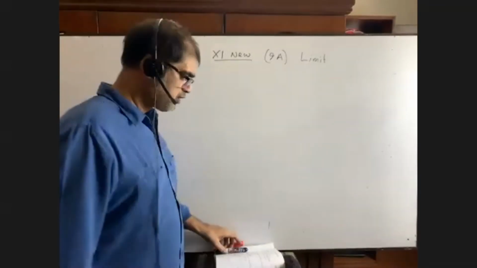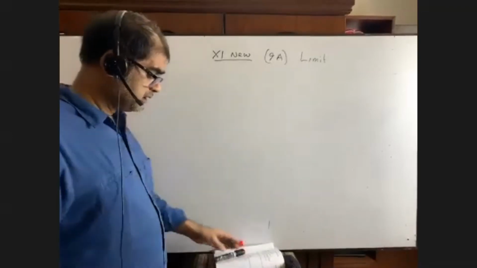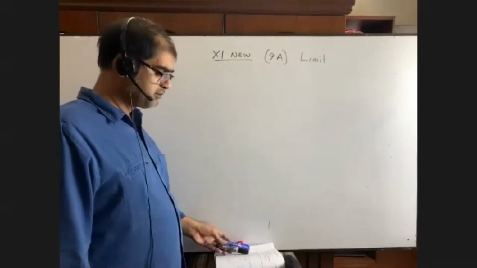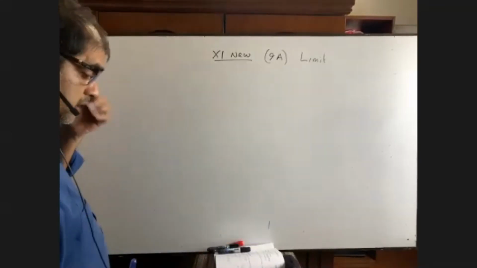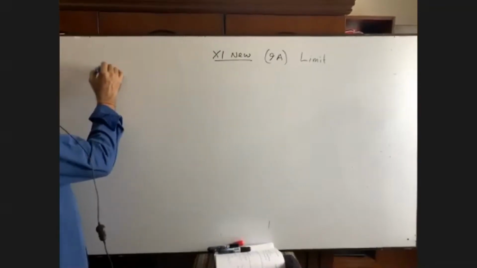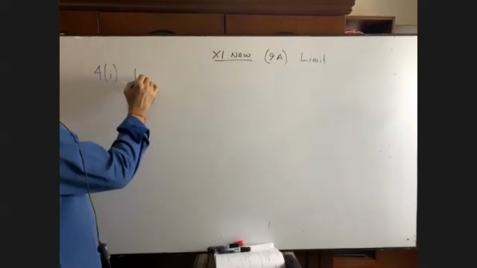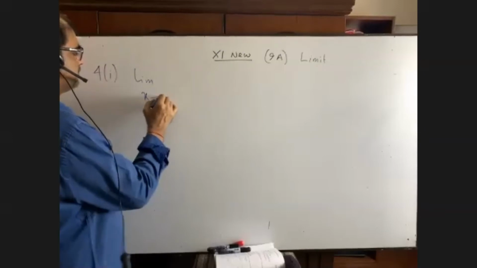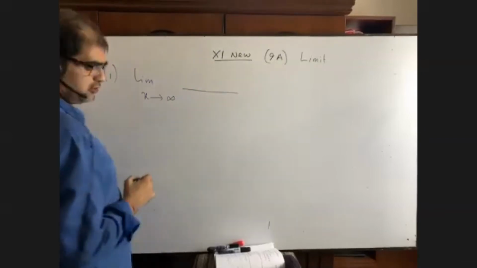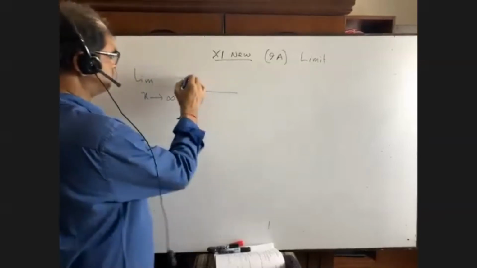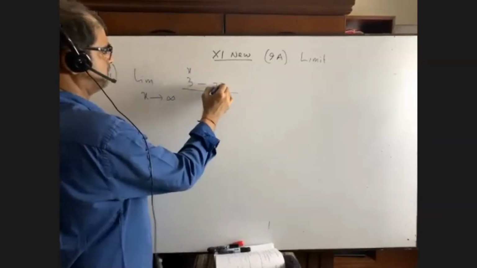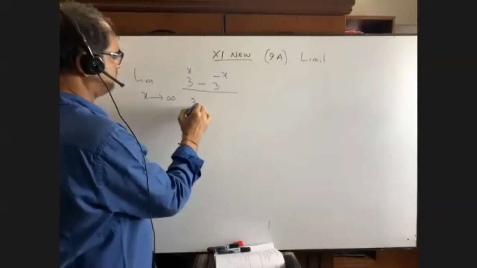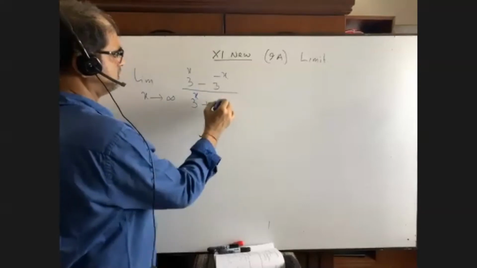Okay. So, dear students, you did a lot of maths by yourself. Now, we are going to the maths of different dimension, wholly and fully, and the most important math, 4-1. Limit x tends to infinity of 3 to the power x minus 3 to the power minus x, divided by 3 to the power x plus 3 to the power minus x.